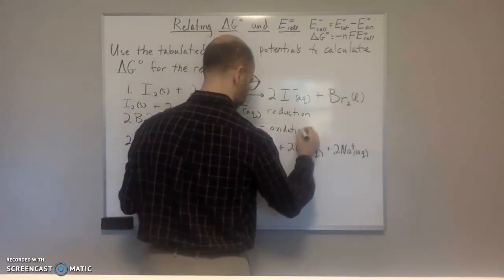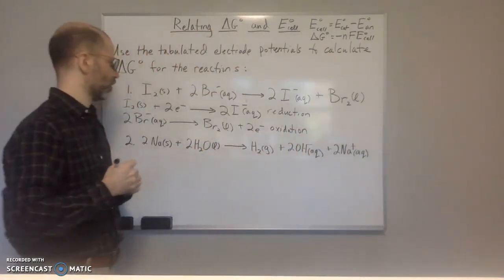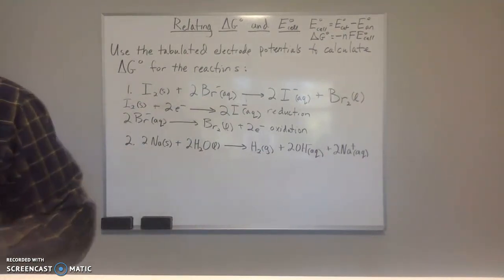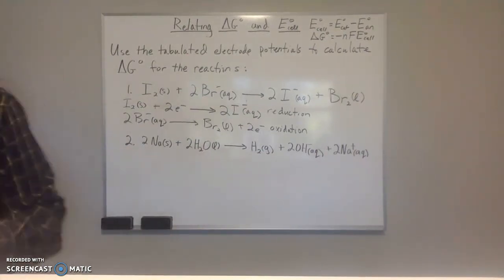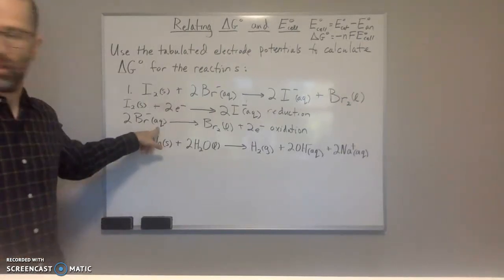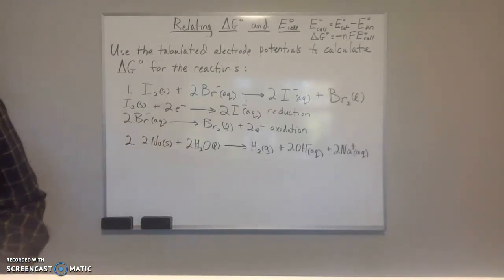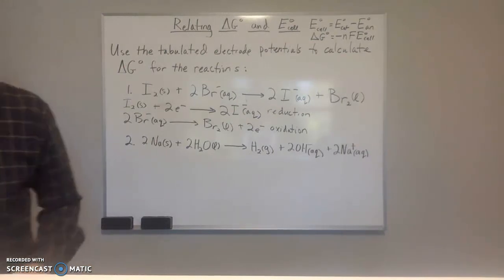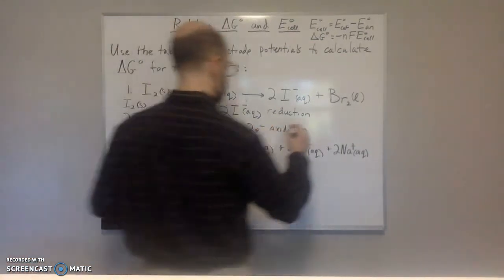If we look up the electrode potentials for these reactions, for the oxidation at the anode, it's going to be 1.09 volts.